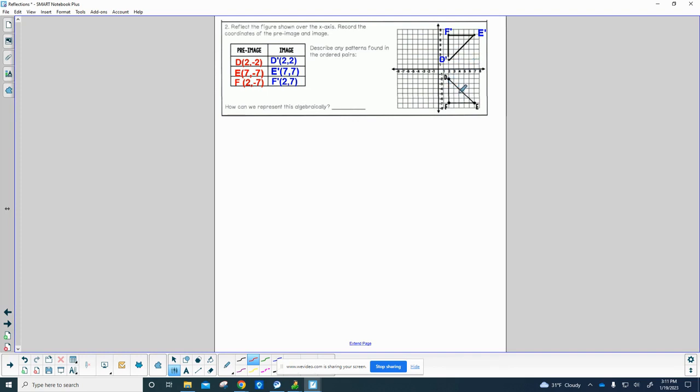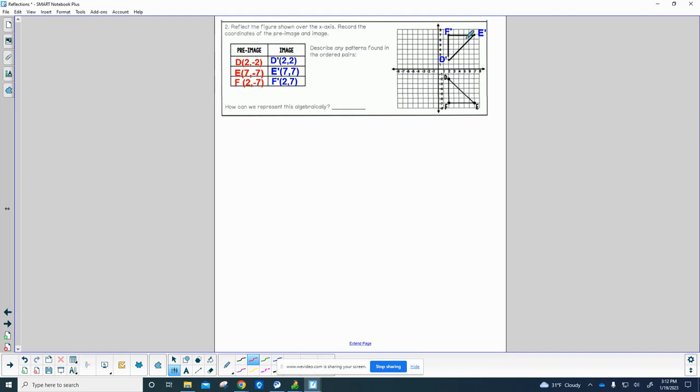So if we look at the different coordinates of each point, in the initial image we had 2 and negative 2, and now for D, we have 2 and 2. For E we had 7 and negative 7, and now we have 7 and 7. For F we had 2 and negative 7, and now we have 2 and positive 7. So the numbers that are changing are the y values.